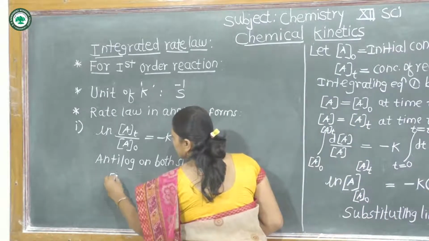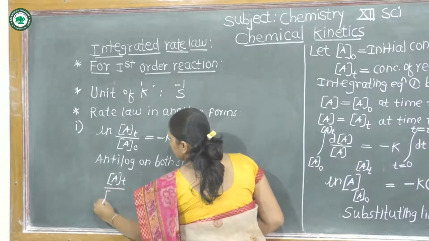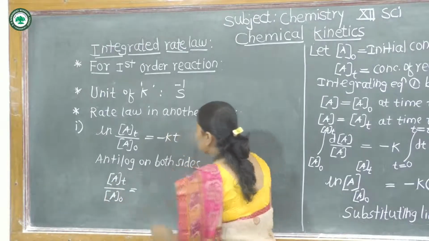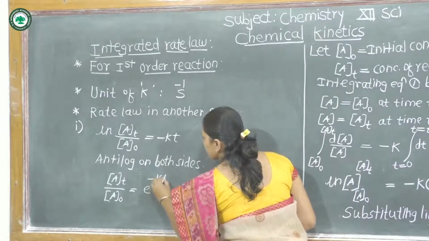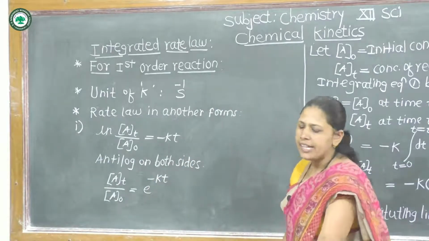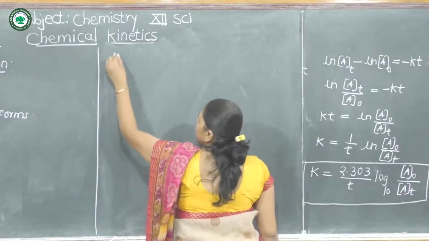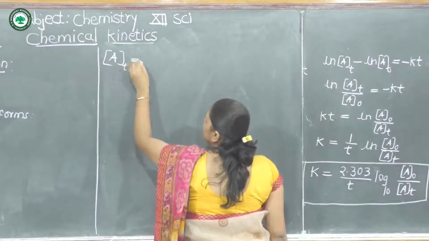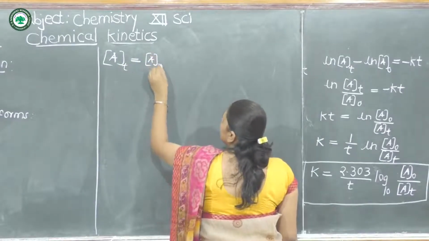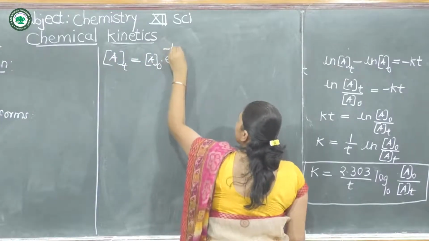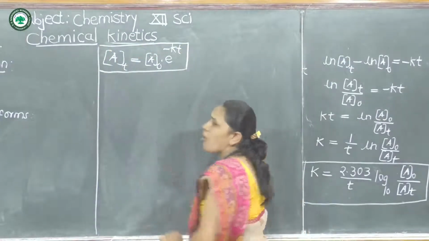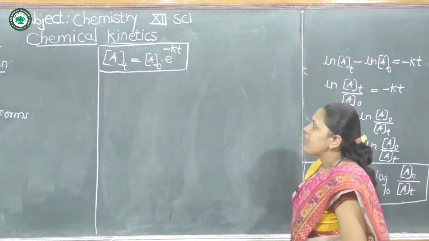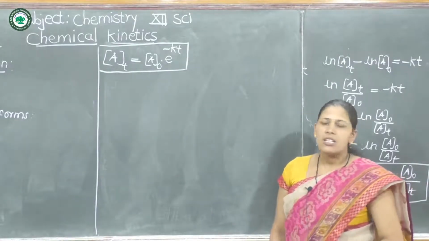Remaining is At upon A0 is equal to anti-log of minus Kt, which is e raised to minus Kt, and At is equal to A0 into e raised to minus Kt. This is another form of integrated rate law for first order reaction.